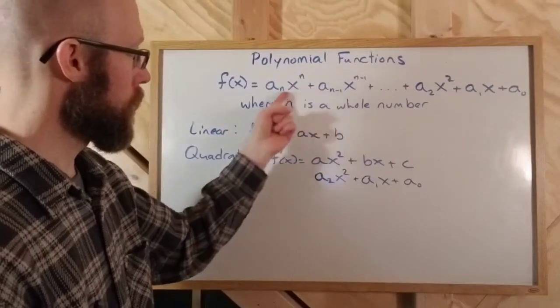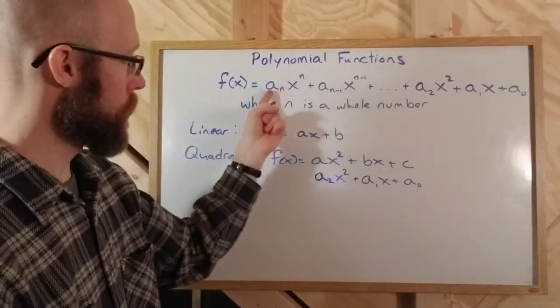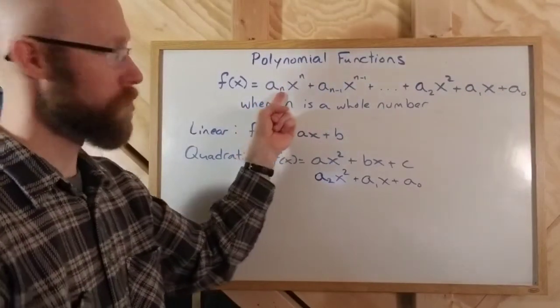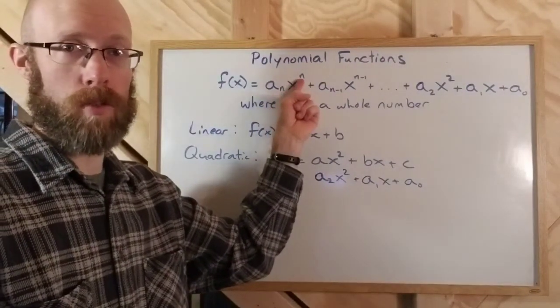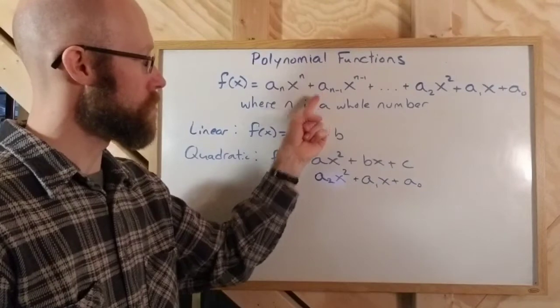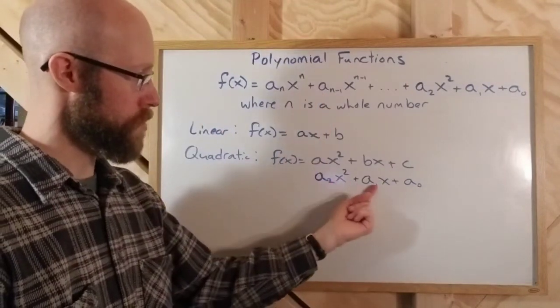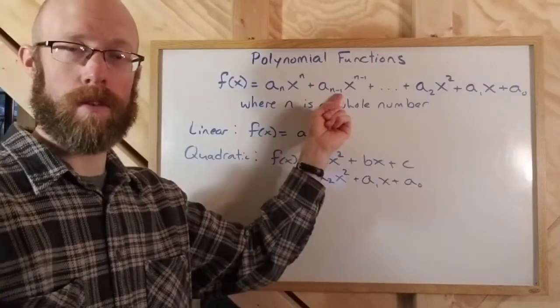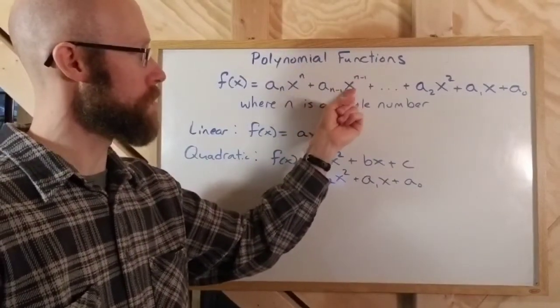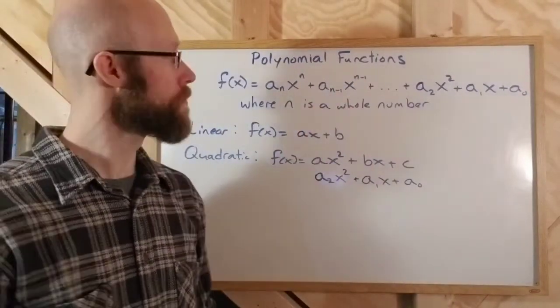So our general form of a polynomial has A sub n, that's your leading coefficient, times x to the n power, n being your degree. Then you subtract 1, right? So you always drop 1 as you go down. So n minus 1 is the next whole number down, times x to the n minus 1.